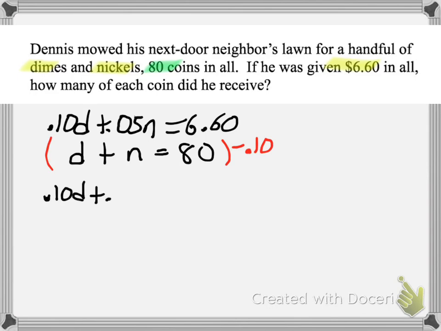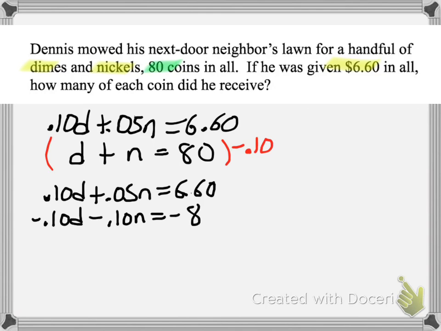So my first equation is going to stay the same: 0.10D plus 0.05N equals 6.60. This one will give me negative 0.10D minus 0.10N, and that would give me a negative $8.